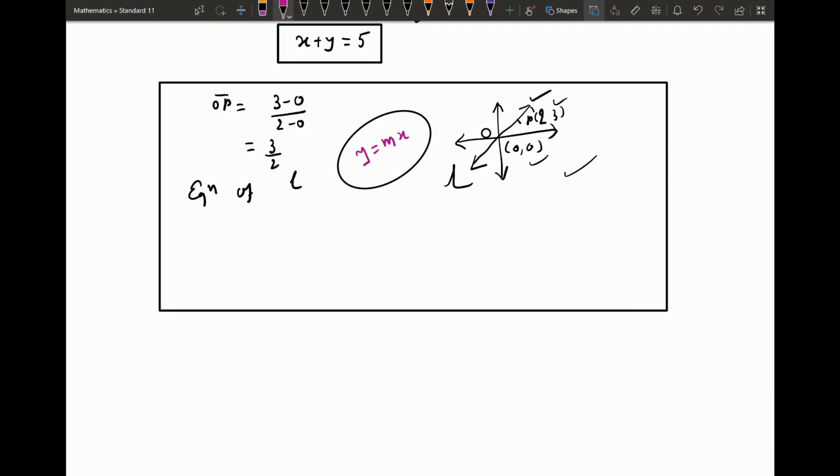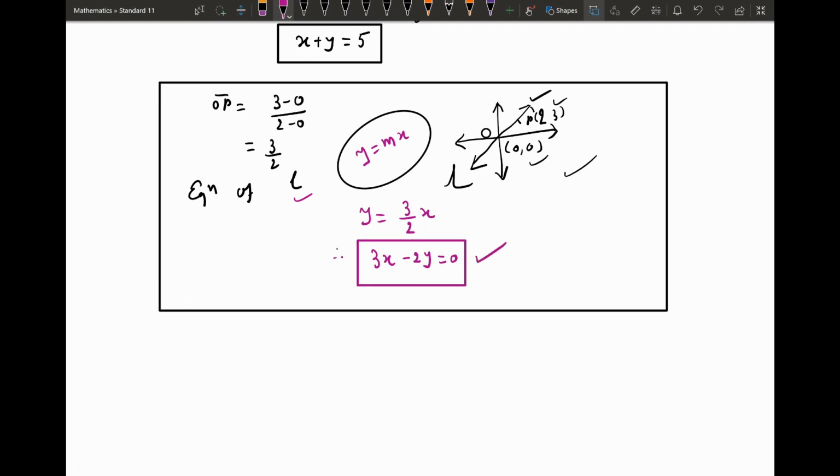So the equation of L is y equal to 3 by 2 x. So 3x minus 2y equal to 0. This is also a possible solution.